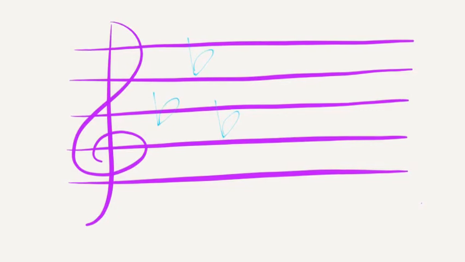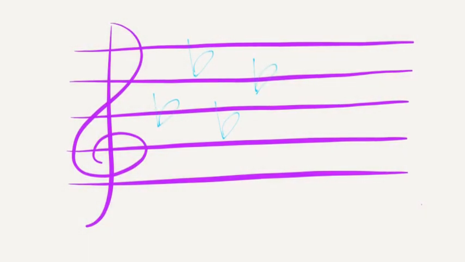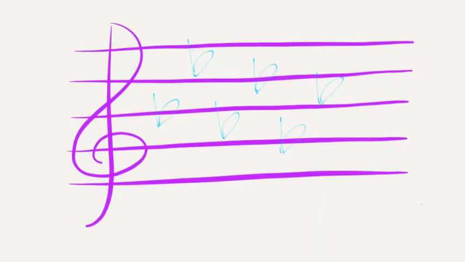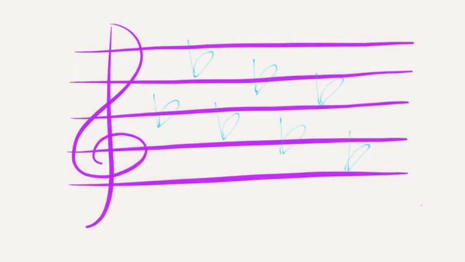A flat comes next. D flat is always the fourth flat. Next is G flat. Then C flat. And finally, F flat.